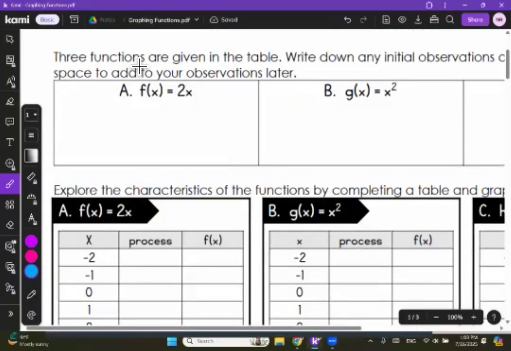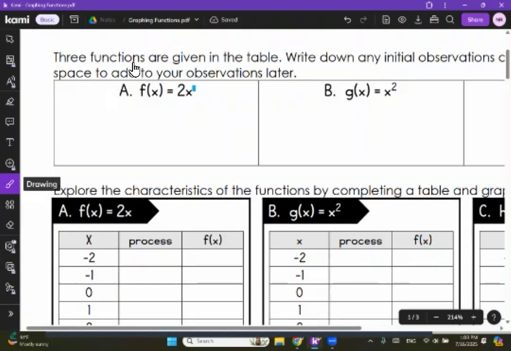Now, if you look at A, you'll notice it doesn't have an exponent. That would mean that your exponent is a 1. So that would mean that the input is raised. Remember, input will always be your x.